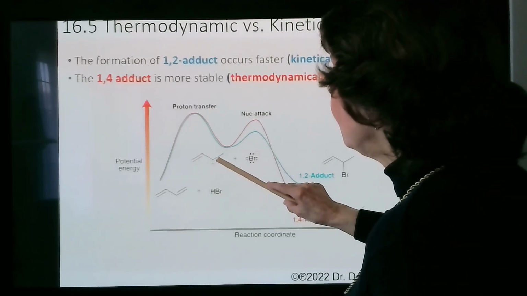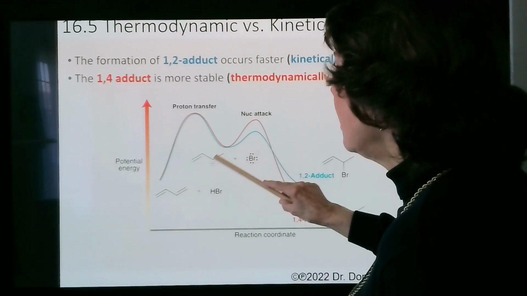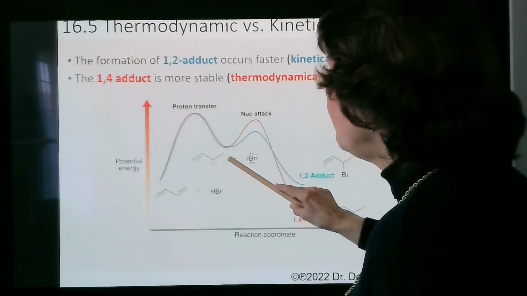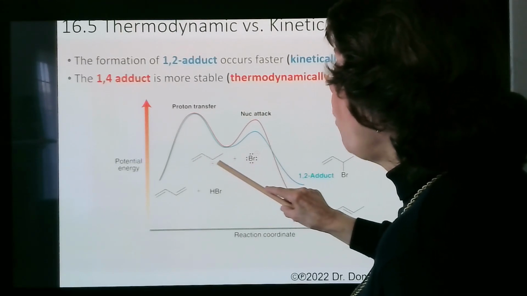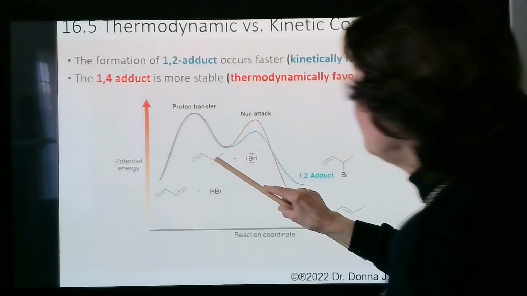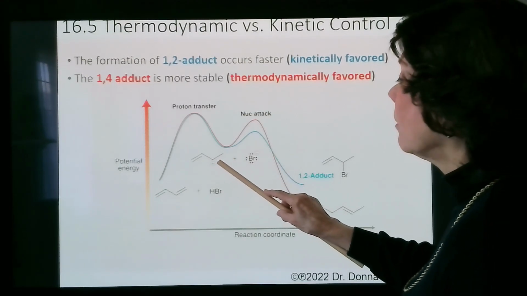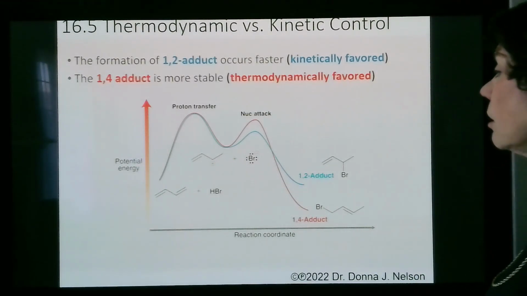So rather than just once the proton attaches up here, bromide will be in close proximity. It will have to migrate down here away from the proton and the initially formed positive charge.